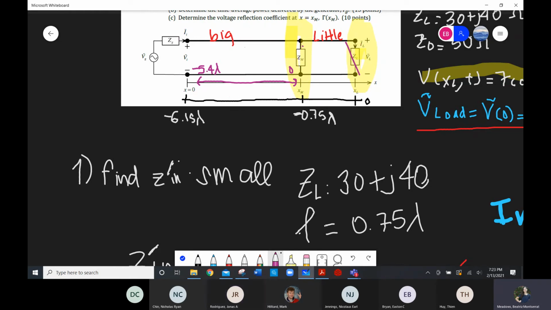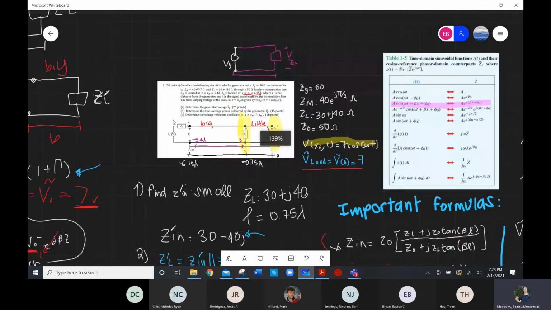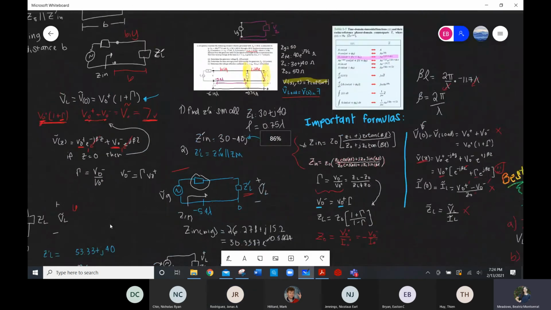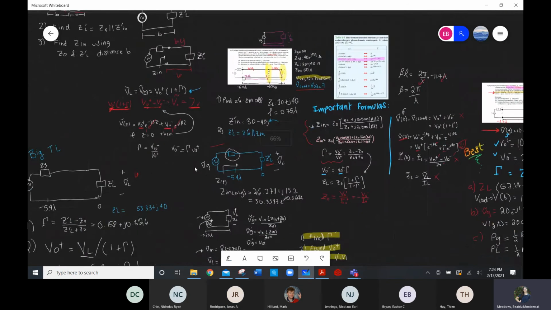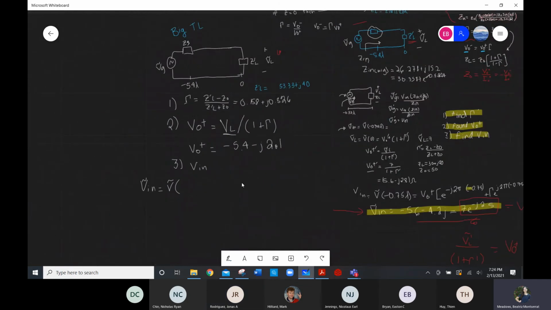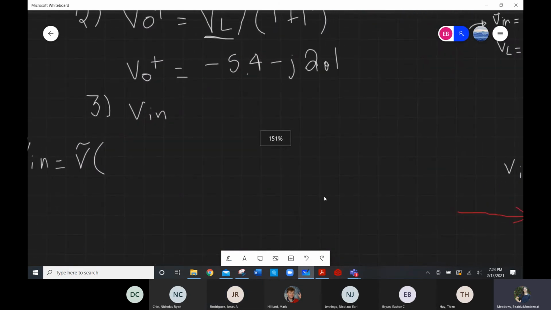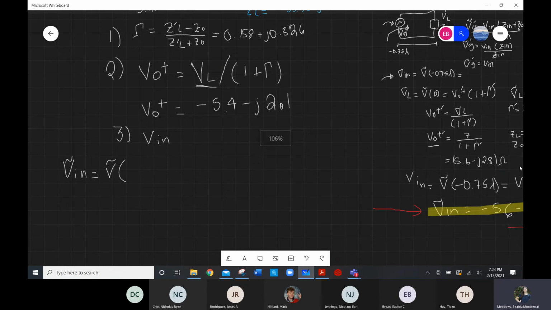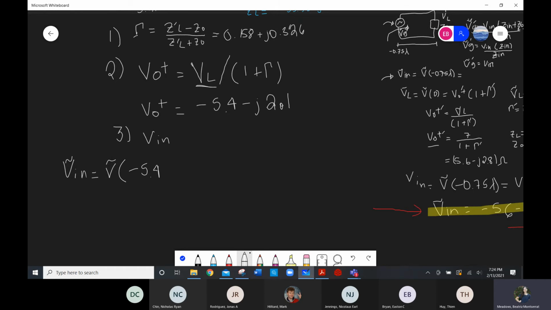Yes. Okay, so negative 5.4. So let's go to our. So B in is also equal to B at the location negative 5.4 lambda.